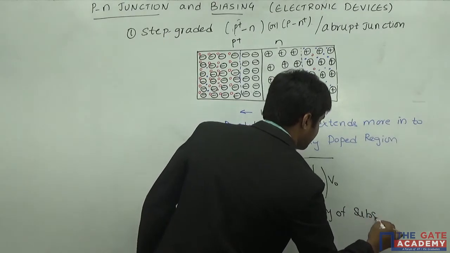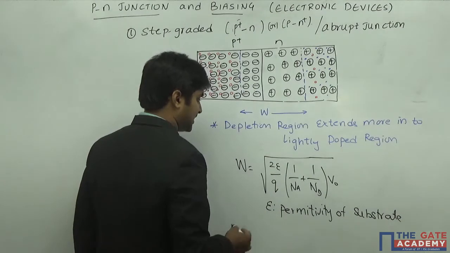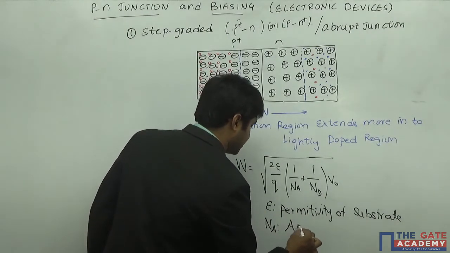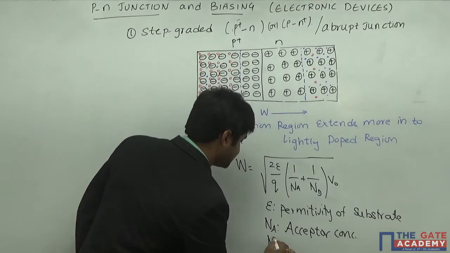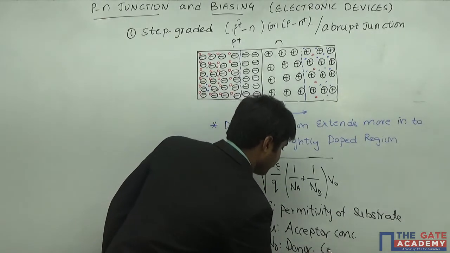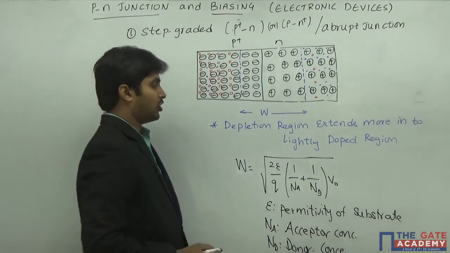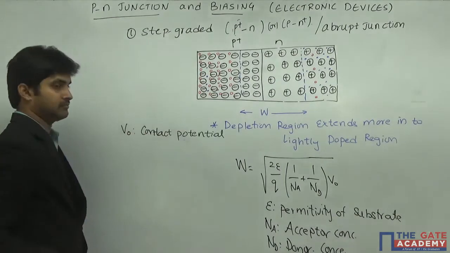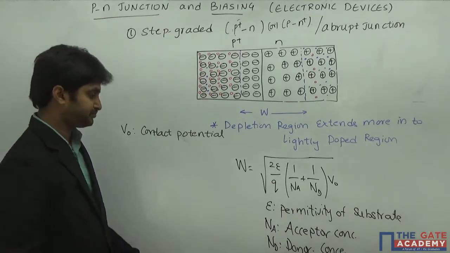It can be silicon or germanium or any material that you are taking, and Q is nothing but the charge, Na is the acceptor concentration, Nd is the donor concentration, and V naught is what we have discussed as the contact potential.